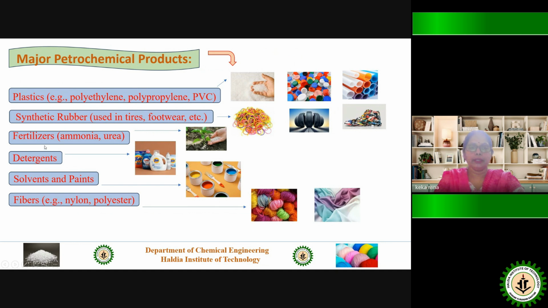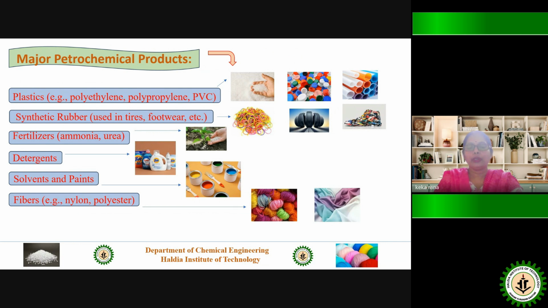Then comes the fertilizer, which contains ammonia and urea, and this is a petrochemical product. Think about the detergent we use in our daily lives; this is also a petrochemical product. Now I am concentrating on solvents and paints.